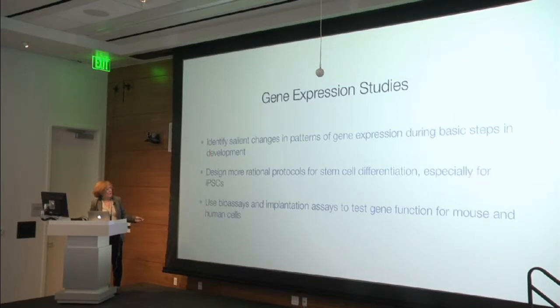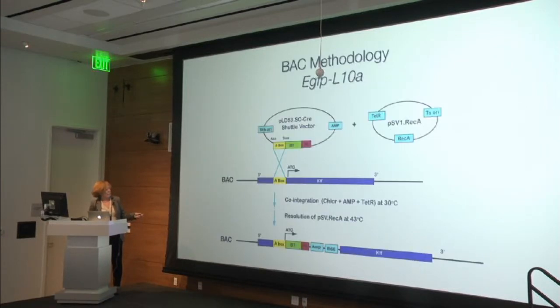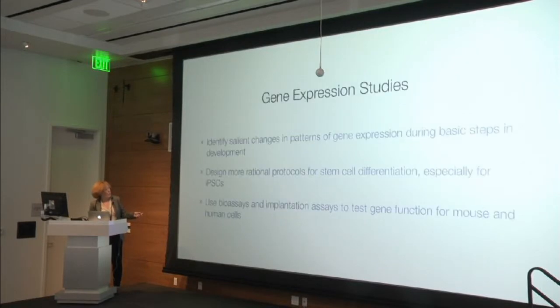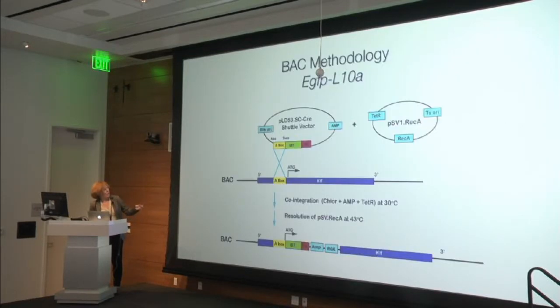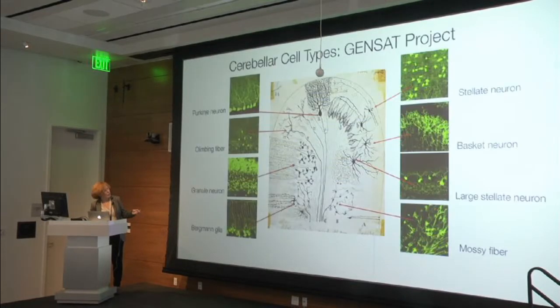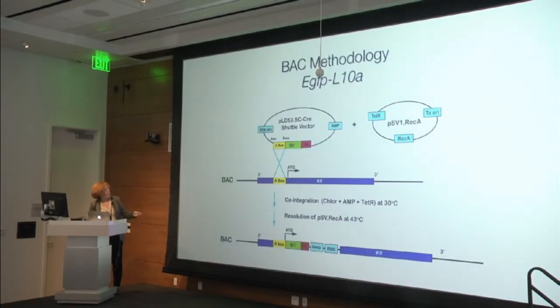So as an approach to this, we've taken, whoops, missed the slide. And here the we is my colleague Nat Heintz, who's pioneered bacterial artificial chromosome methodology. And I'll show you this slide and then come back. He and I were co-PIs for this GENSAT project where we made 600 lines of transgenic mice that express EGFP under the control of a BAC.